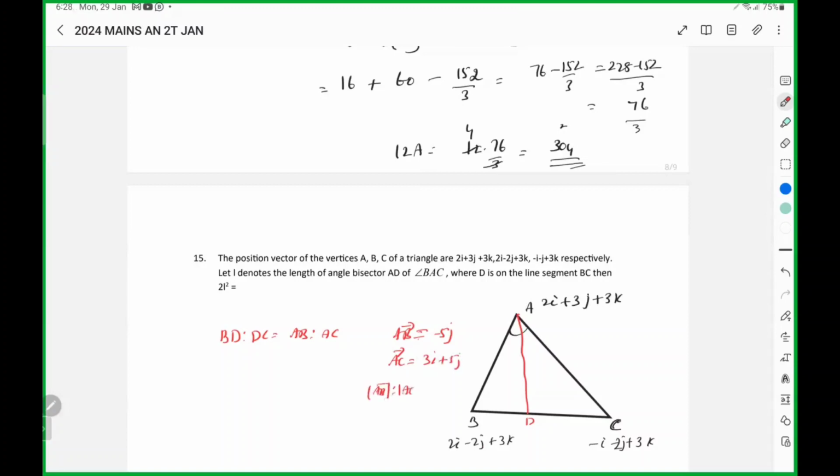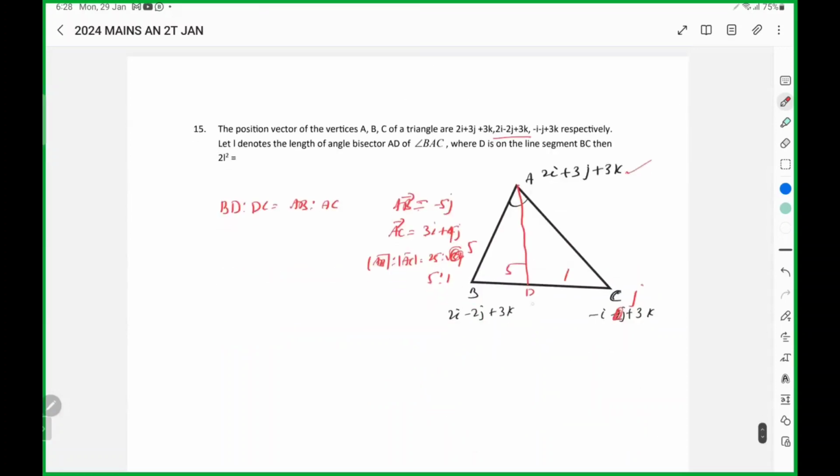AB is to AC will be 5 is to root of 9 plus 25, root 34. So BC: 5j, and minus i minus j, so 3i plus 4j, so it is 5. So 5 is to 2.